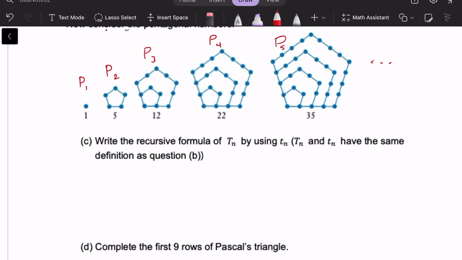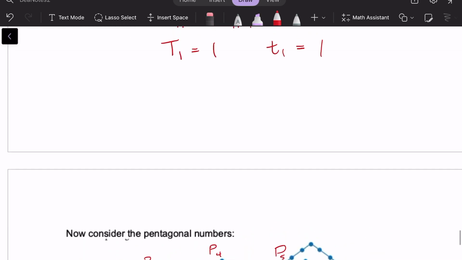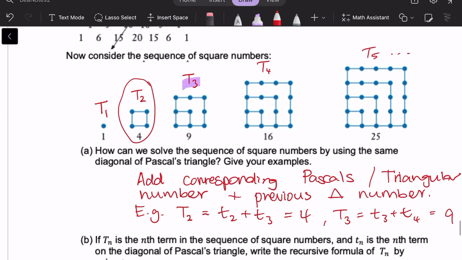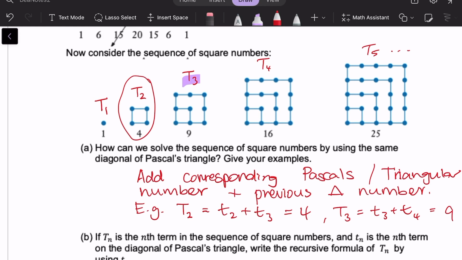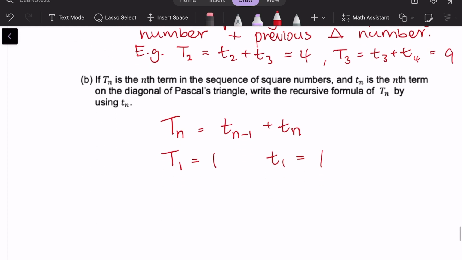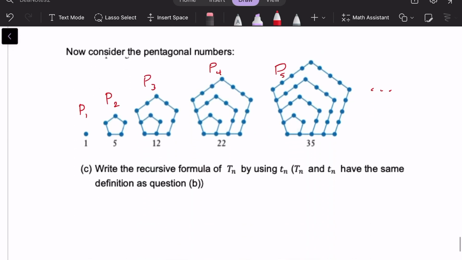Okay, I think they mean P. I think it was a typo, because capital Tn in terms of the last question was just the squares, so it would be the same answer. But I'm going to assume that they're asking for pentagonal. So there's not really that much to say about this one. You have to find the pattern or have known it beforehand.